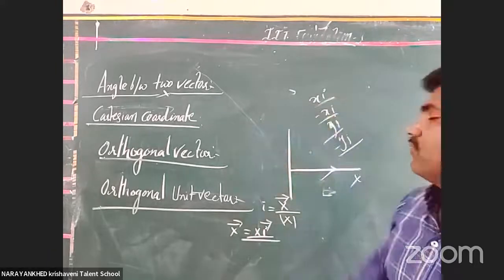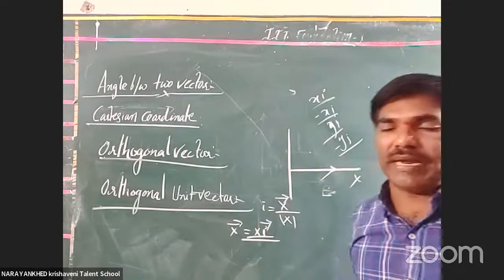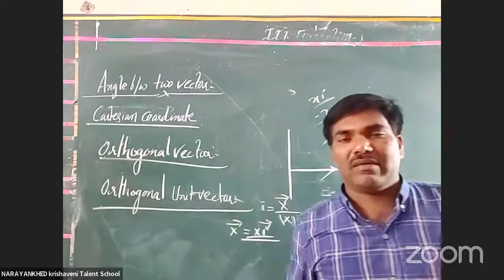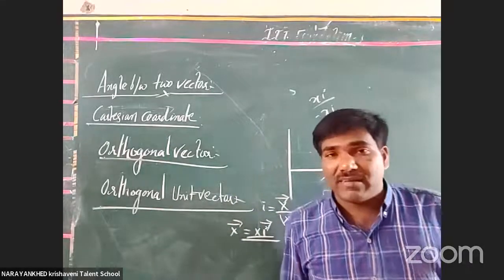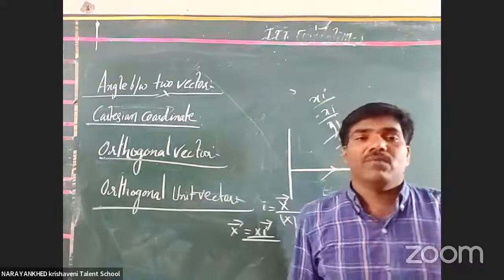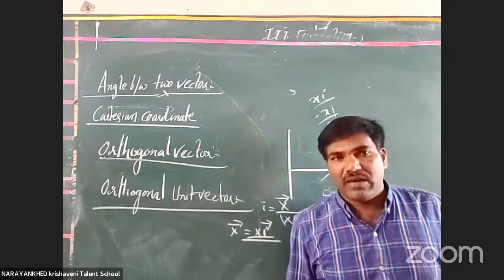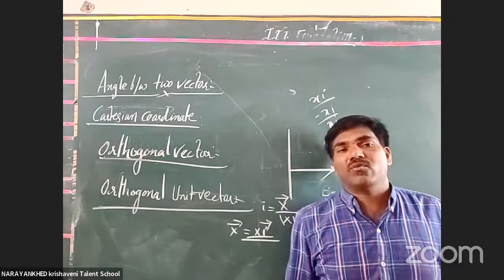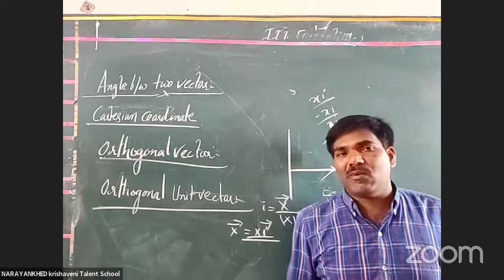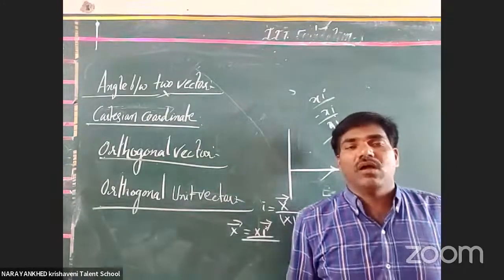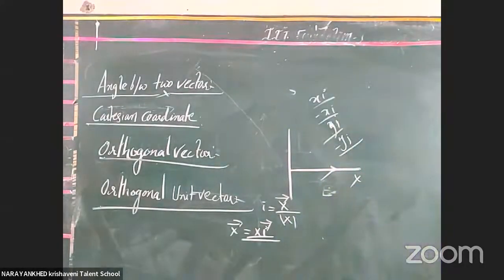For every axis we get components, along the positive axis and along the negative axis. That is what is called an orthogonal unit vector. This i bar, j bar, k bar are the unit vectors along the coordinate axes, and they are called orthogonal unit vectors. Got it or not?